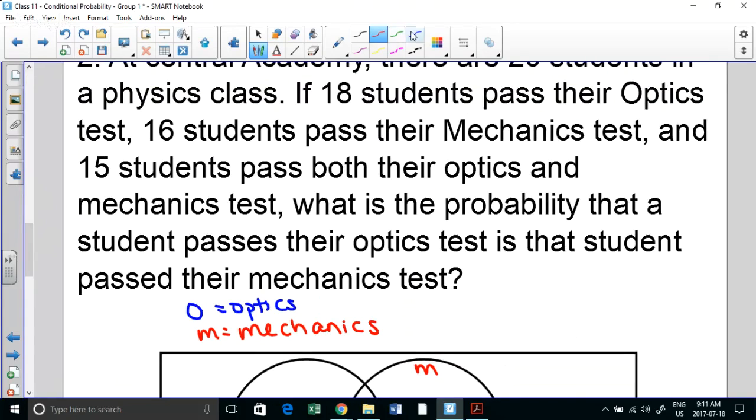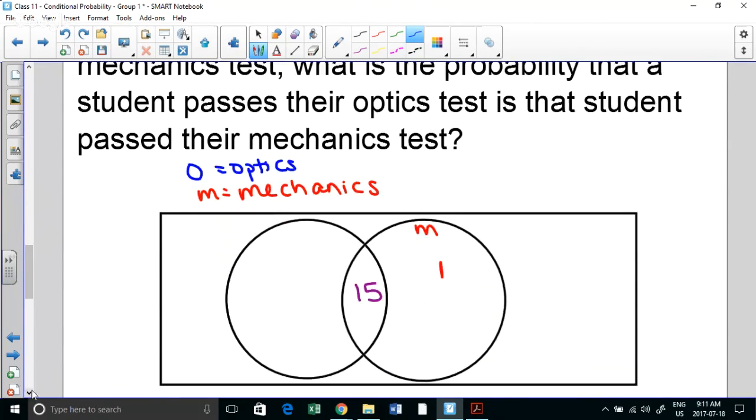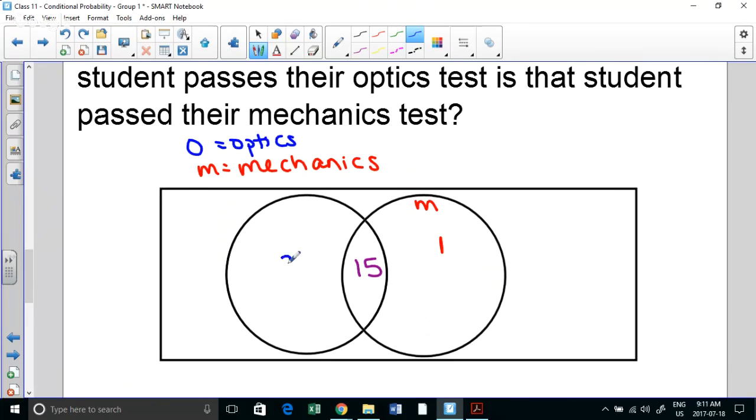And 18 passed the optics, so there are 3 in here. And we have 20 students minus 3 minus 15 minus 1. That gives me 1 left over here in the universal set.